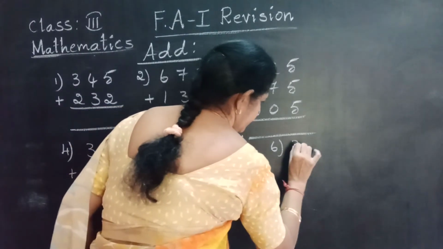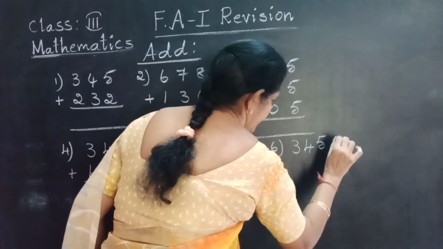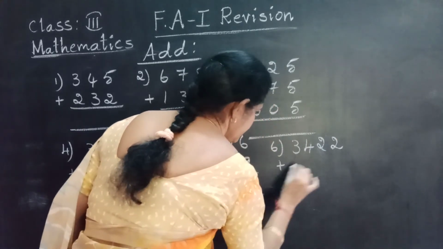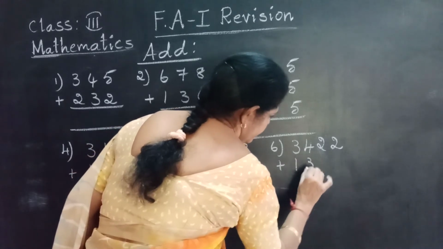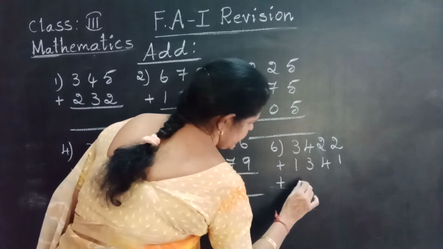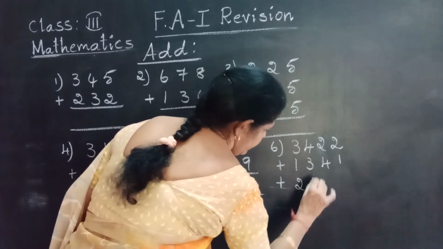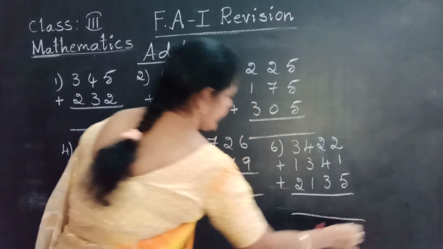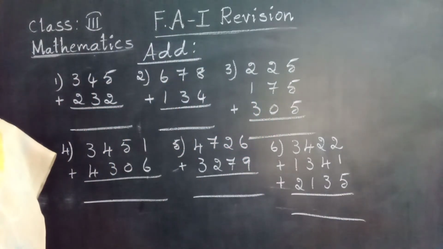Sixth one, 3,422 plus 1,341 plus 2,135. 4-digit, 3 lines.